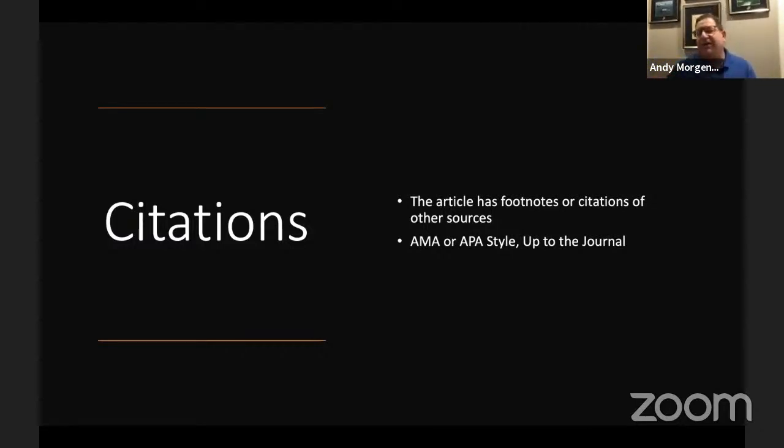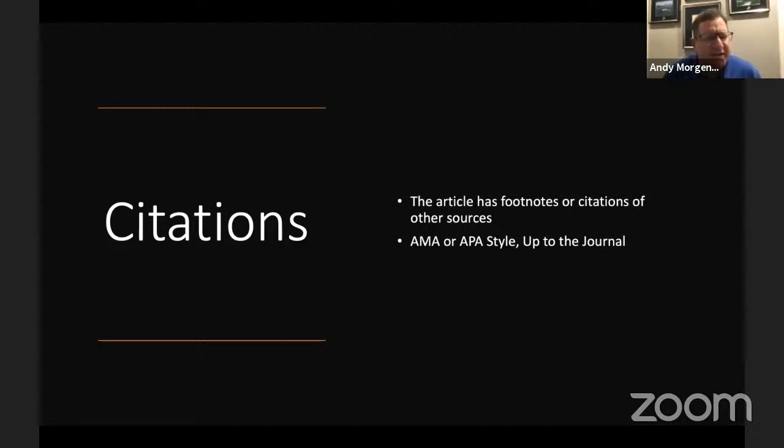You want the high quality citations in your paper, because when you use the right information to build your peer-reviewed article, it lends a lot more validation to the quality of the evidence that you're presenting.